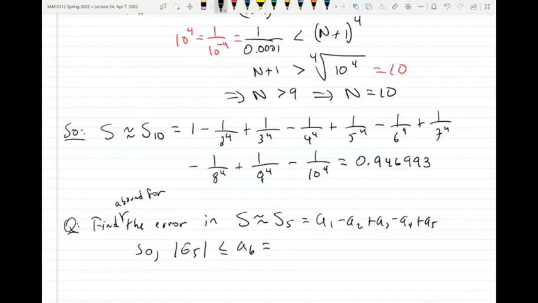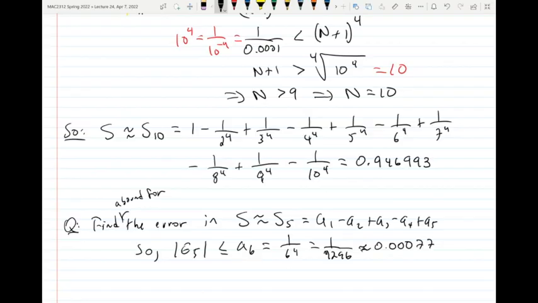And what is our A6? 1 over 6 to the 4, which is 1 over 1,296. Oh, look at that, that's nice. This is about 0.00077.